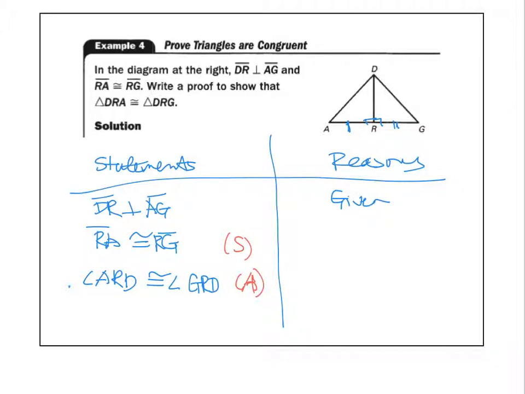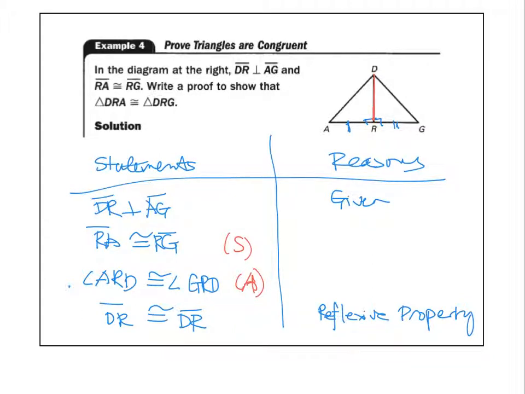Now I look for the third thing. Notice that if my focus is this right angle, then the next logical thing to do is to make sure that DR is congruent to DR, and of course it is, because of the reflexive property.